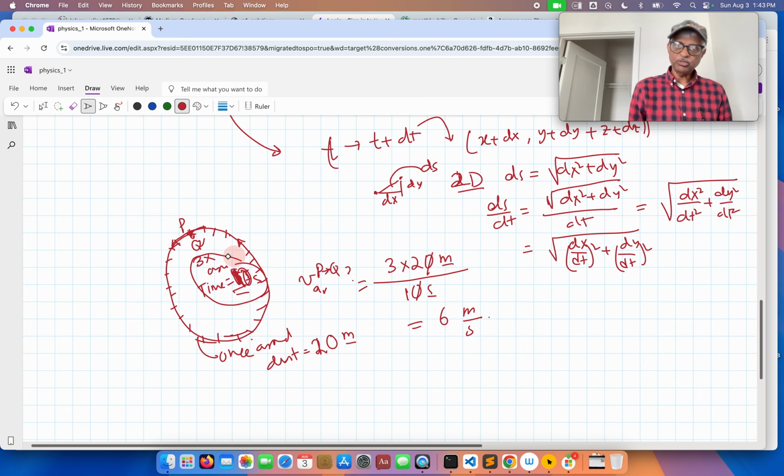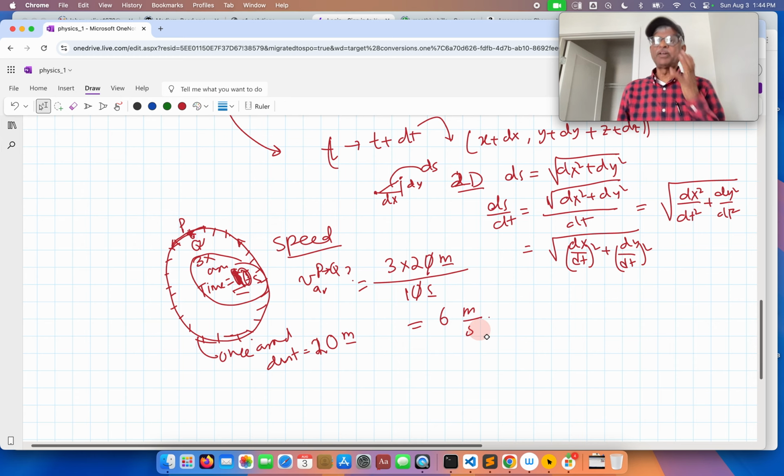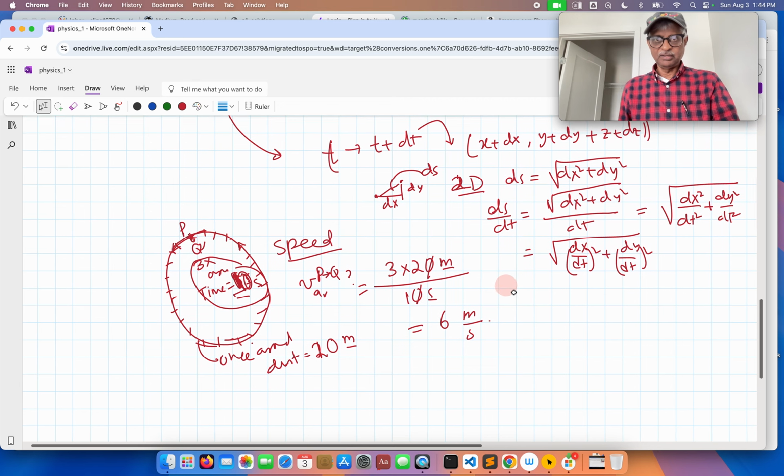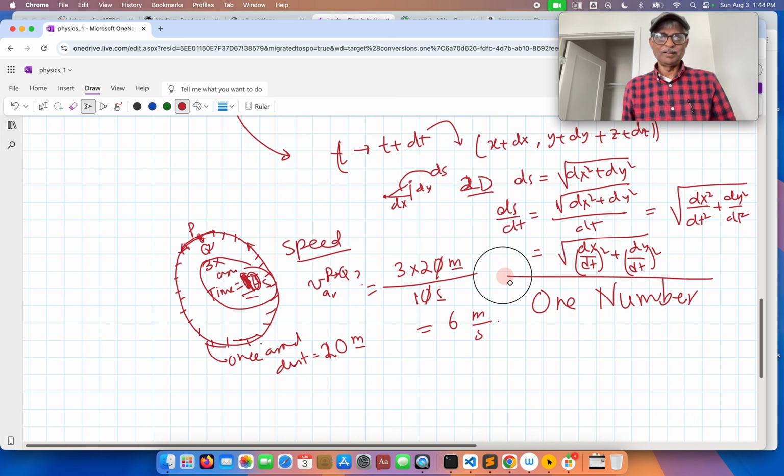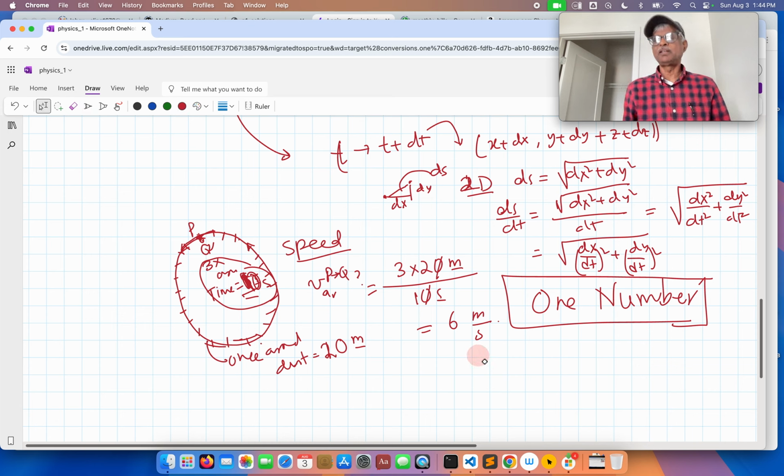So this is the actual path you took. So this is the speed, okay? But it turns out speed is very important when you're looking at energy. We're going to do kinetic energy later. In between, we're going to do lots of things with vectors. This is not a vector, so this is just one number, and that's why it's very, very important to know speed.